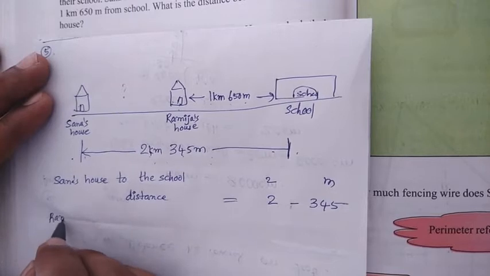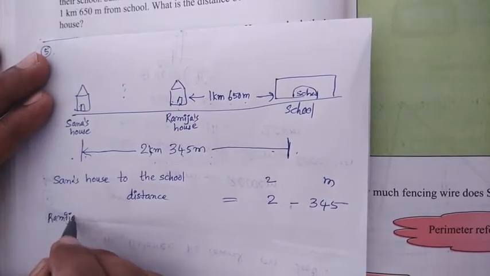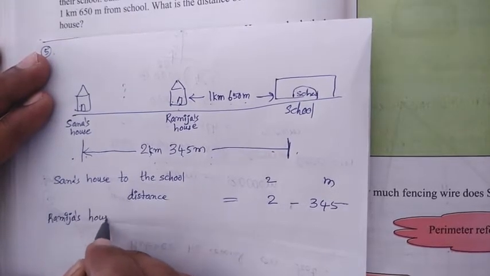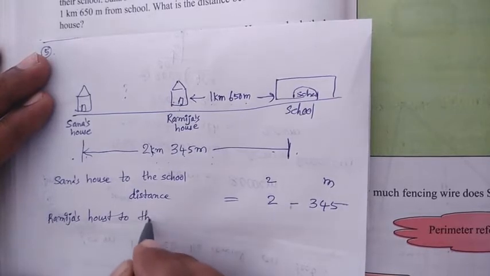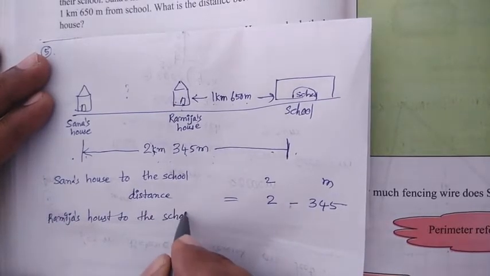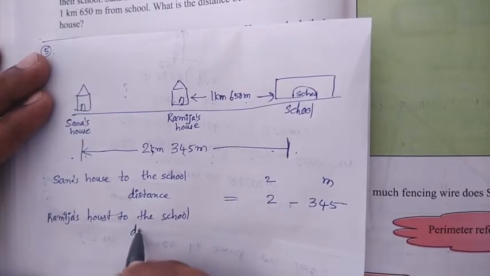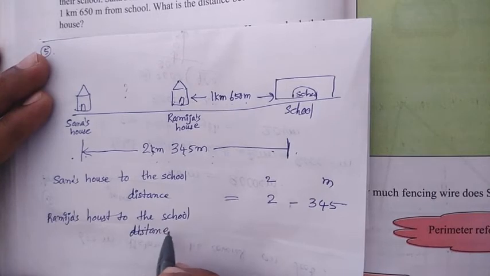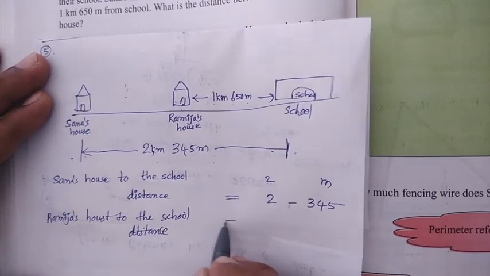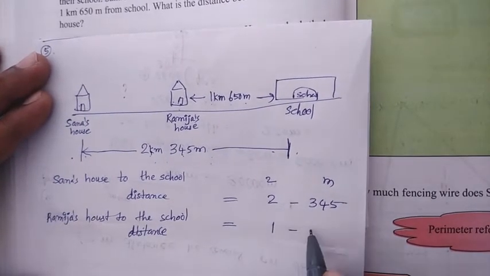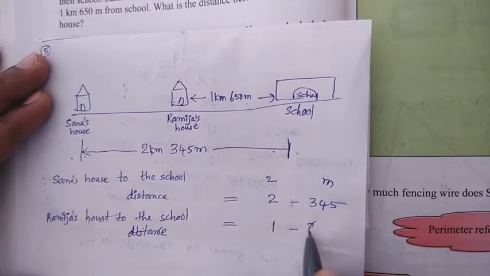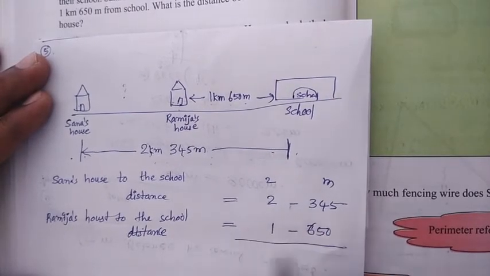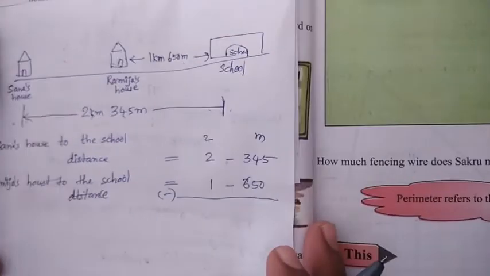Next, Ramija's house to the school distance. What is the distance? 1 kilometer 650 meters. We subtract these two numbers.